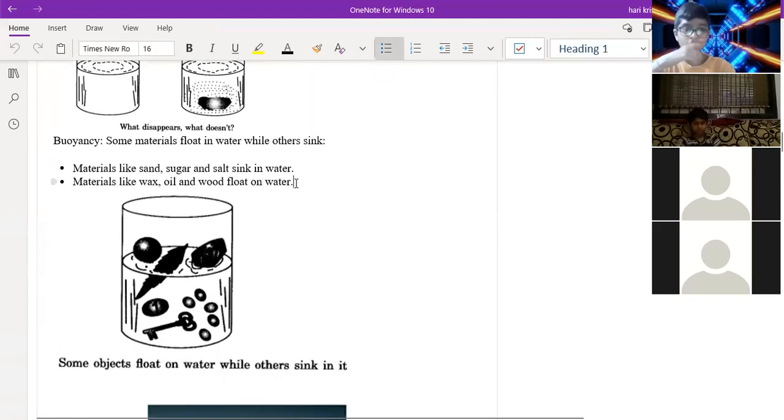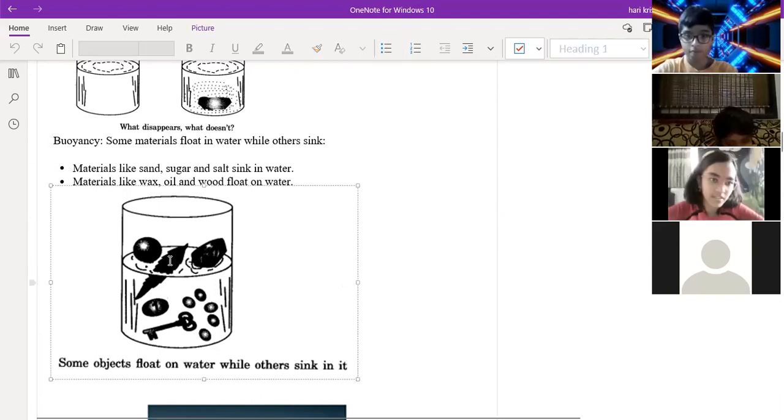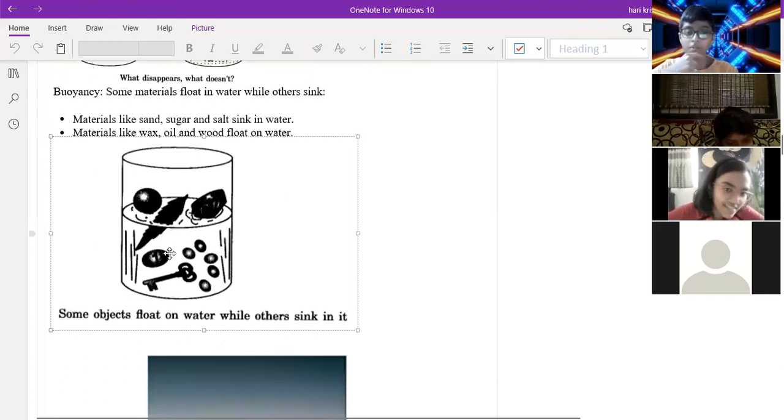What is this? With the help of the diagram only you can say that answer. So it's density. Sir, some objects will float, some objects will sink, sir.